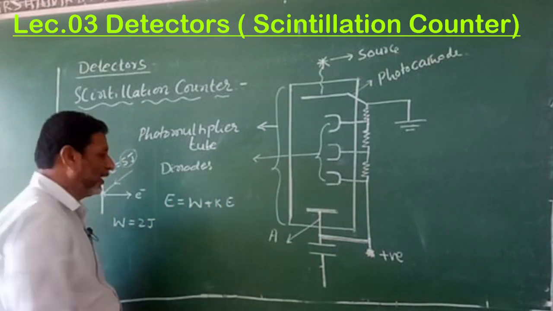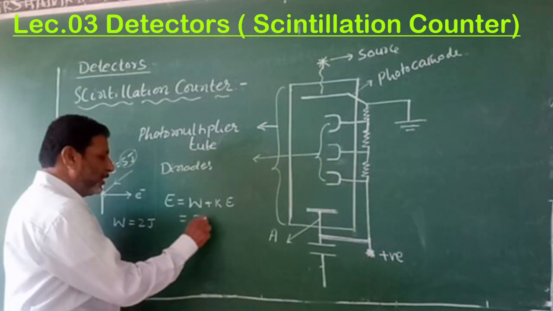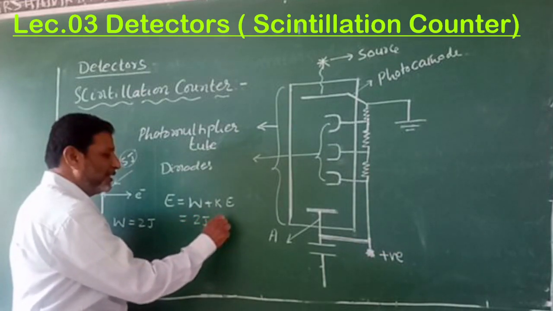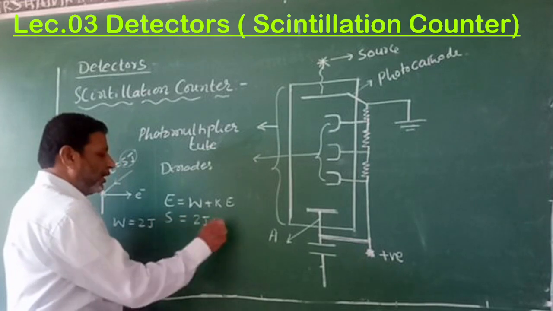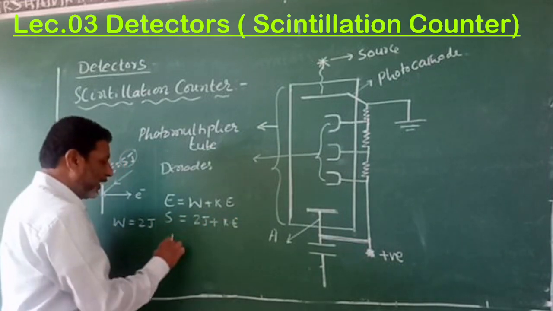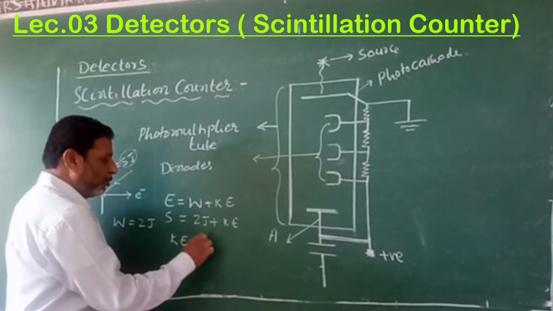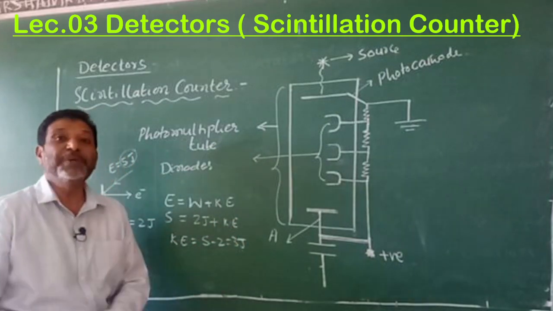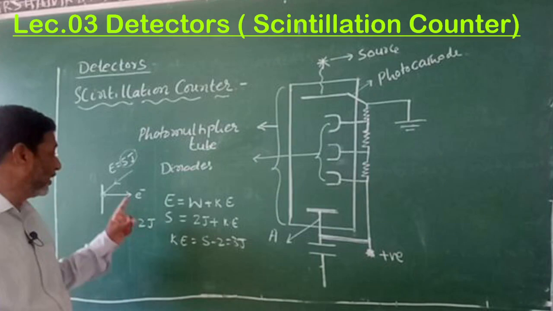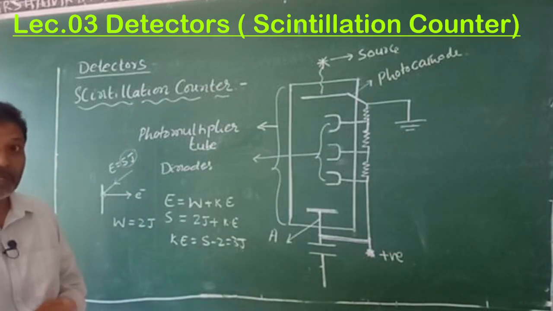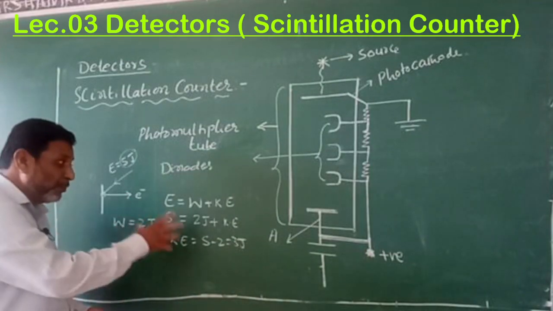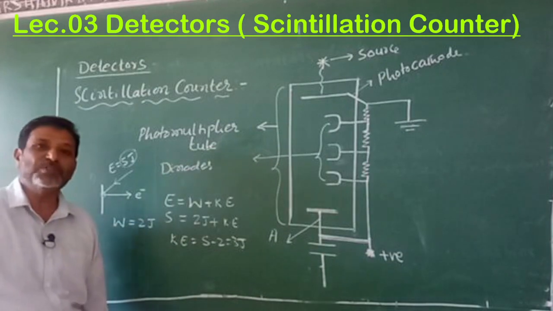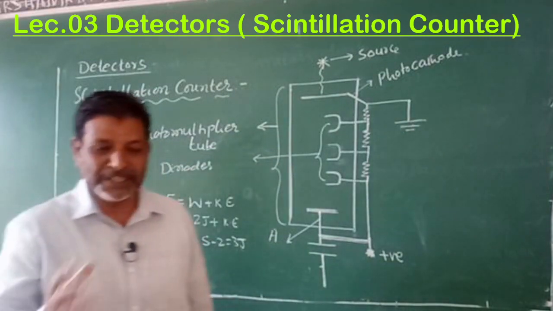The work function is 2 joules and the remaining energy is kinetic energy. Therefore the kinetic energy is 5 minus 2, which is 3 joules. It will appear as the kinetic energy of the emitted electron. This is the equation we call Einstein's photoelectric equation.